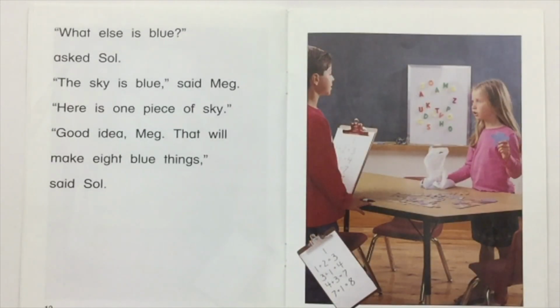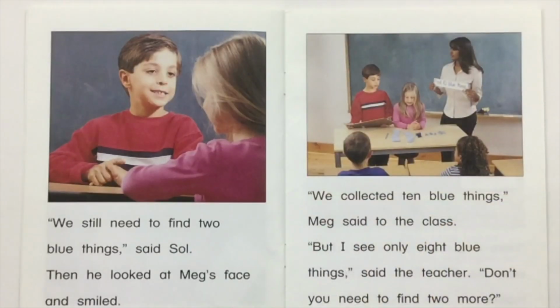What else is blue? Asked Saul. The sky is blue, said Meg. Here is 1 piece of sky. Good idea, Meg. That will make 8 blue things, said Saul. 7 plus 1 equals 8. We still need to find 2 blue things, said Saul. Then he looked at Meg's face and smiled.